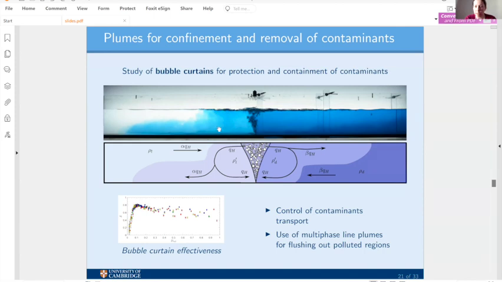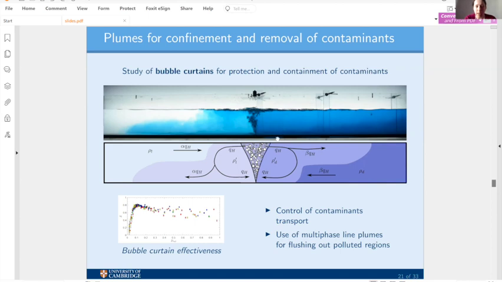And by using the experimental results, we could develop a theoretical model to understand the infiltration flux across the bubble curtain from the saltwater side of the tank into the freshwater side of the tank. And these theoretical models yielded results that were in very close agreement with our experimental measurements.